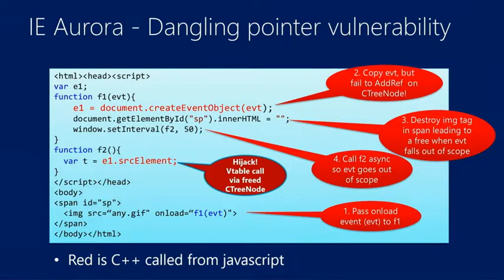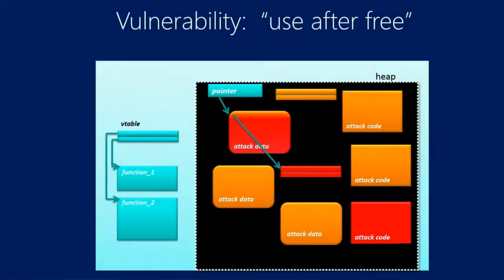Everybody get that? So what's happened is, underneath the covers, just so you can take a look, that's what a vtable structure looks like on the left. You've got a pointer in the object pointing over to the vtable, and that vtable contains the addresses for functions 1 and 2.